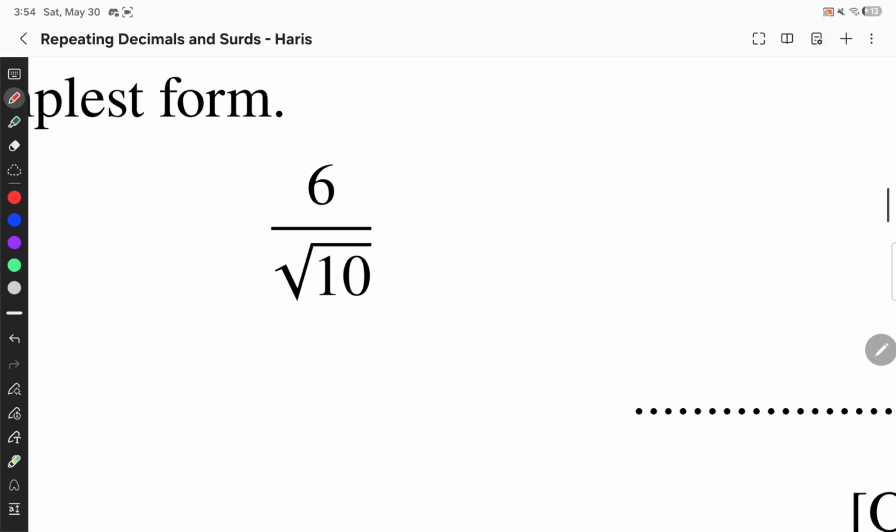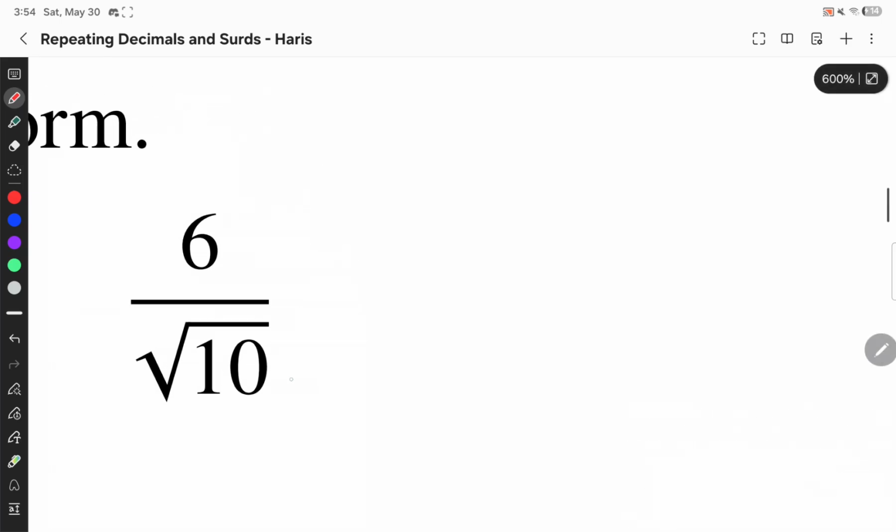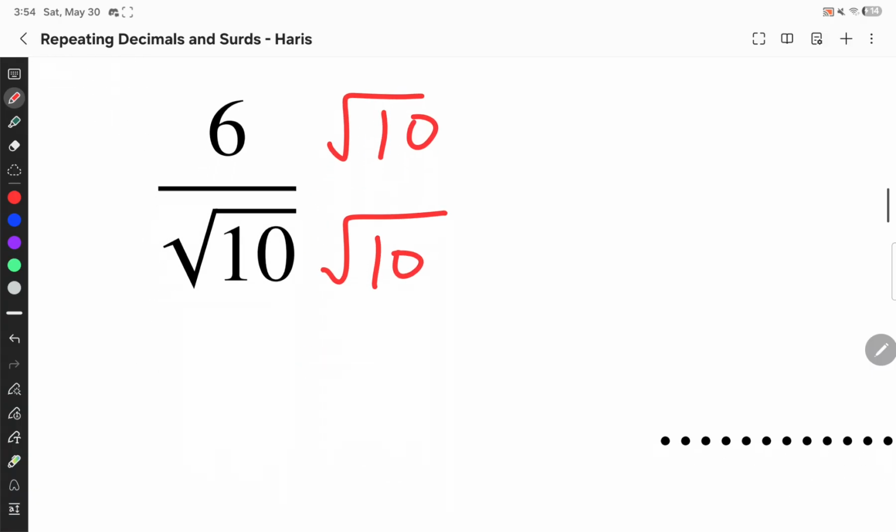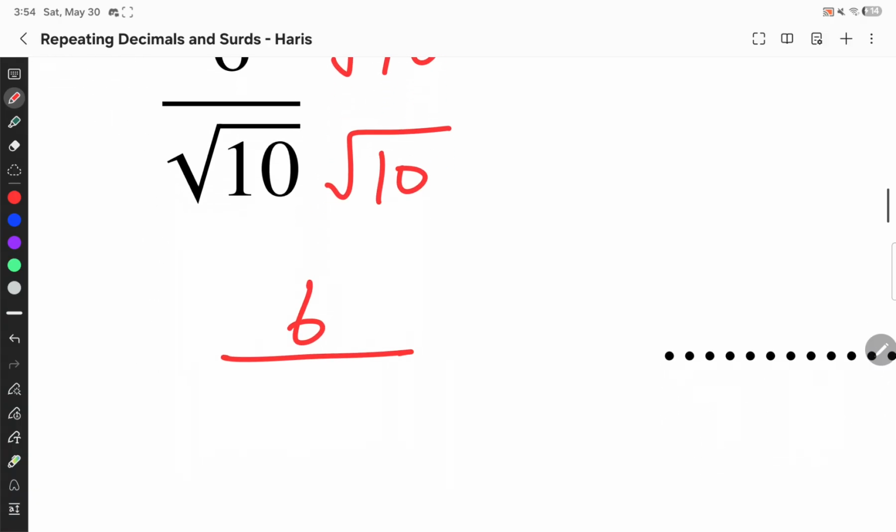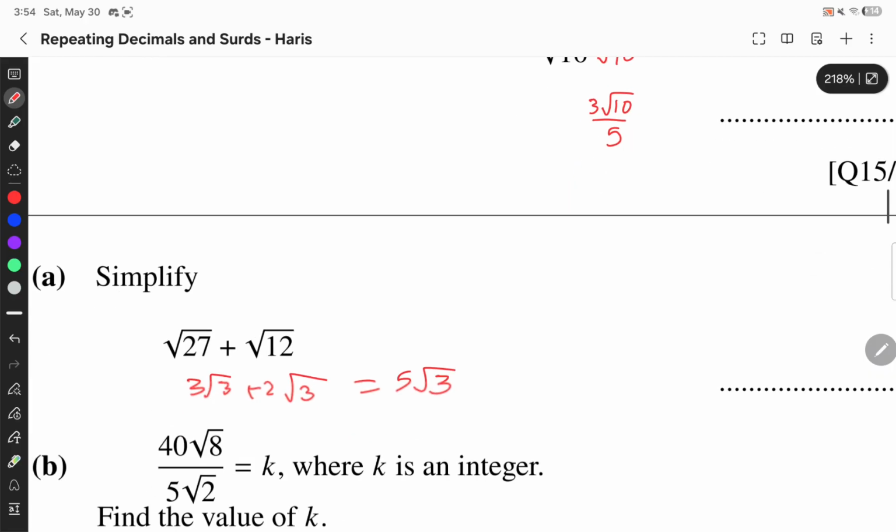So this is the same line of reasoning why we always try to rationalize the denominator. Let's do this on here as well. We multiply root 10 on both sides. On the denominator, we get 10 because the root squared cancels out. So this is that. This is root 10. 6 and 10 can be simplified to 3 over 5, and that is your final answer.